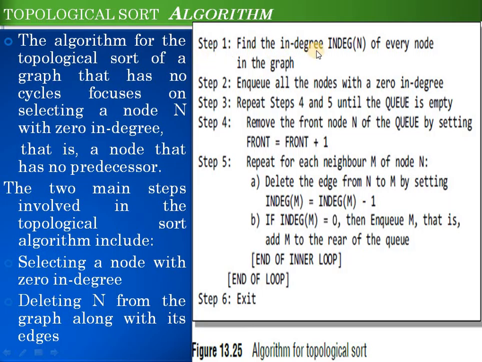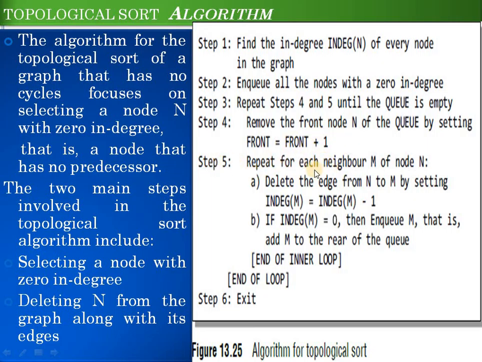Step 1, find the in-degree of every node in graph G. Step 2, include all the nodes with 0 in-degree in the queue. Step 3, repeat the 4th step and 5th step until Q is empty. Step 4, remove the front node n of Q by setting front equal to front plus 1, that is, the next.